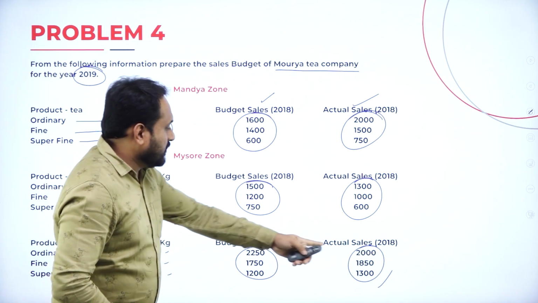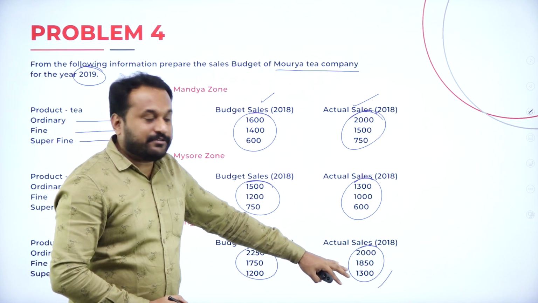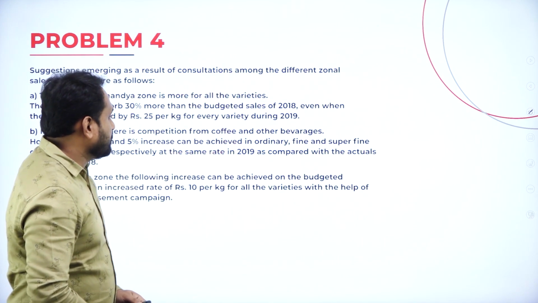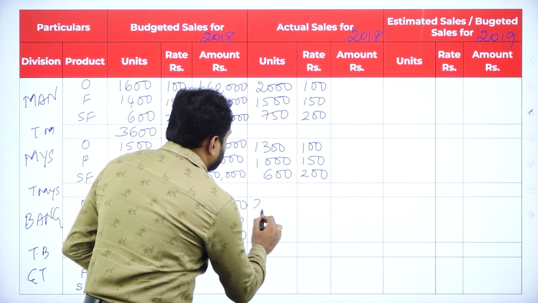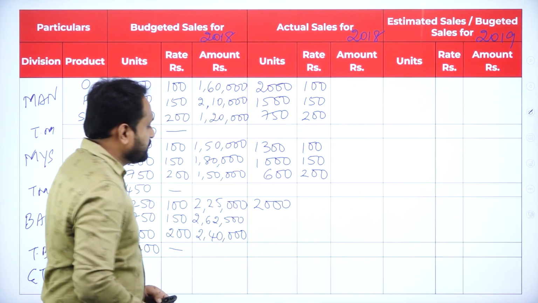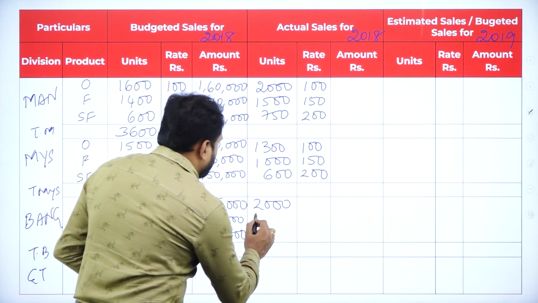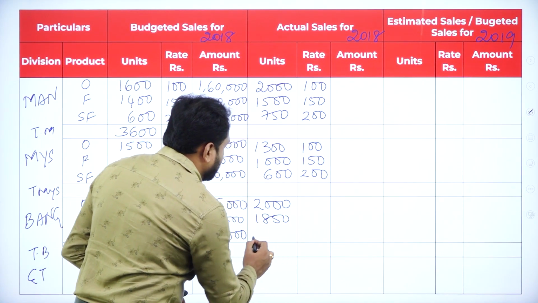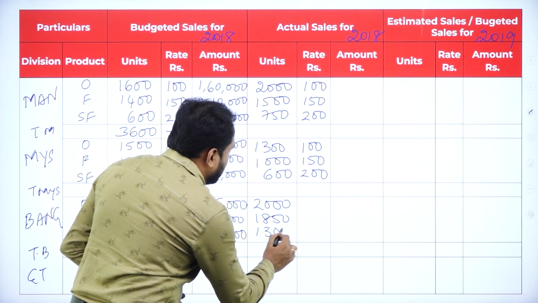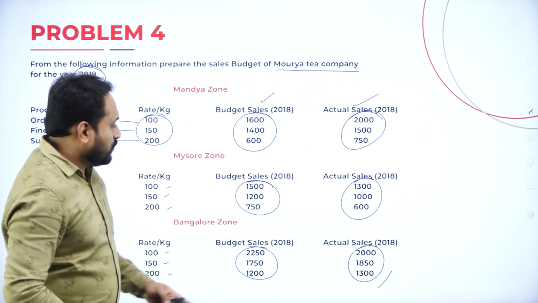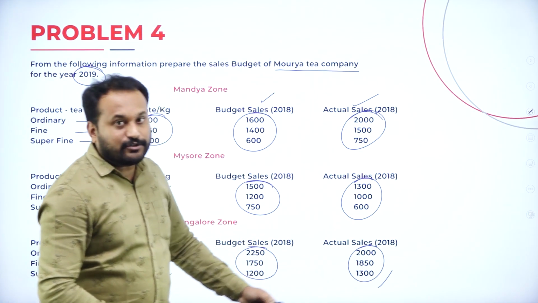And 2,000, 1,850, 1,300. So we have here 2,000, 1,850, and then 1,300. So we are done with actuals also.